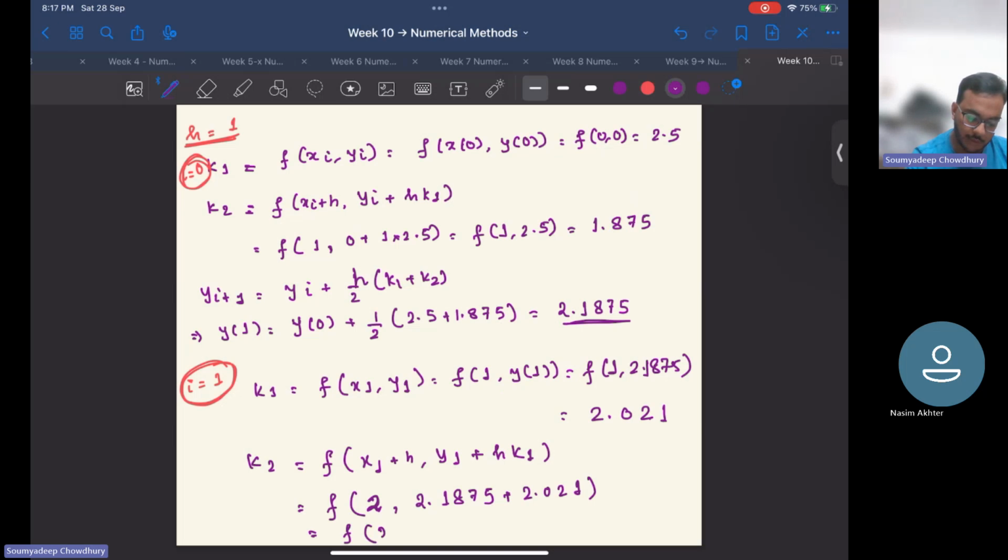So this is basically f of 2 comma 4.2085, 0.1 into 4.2085, which is 0.7289.